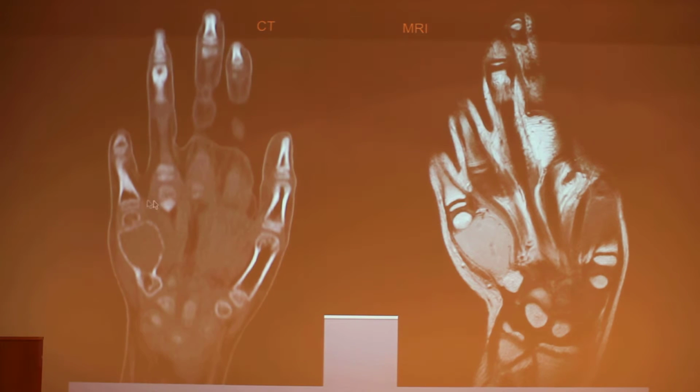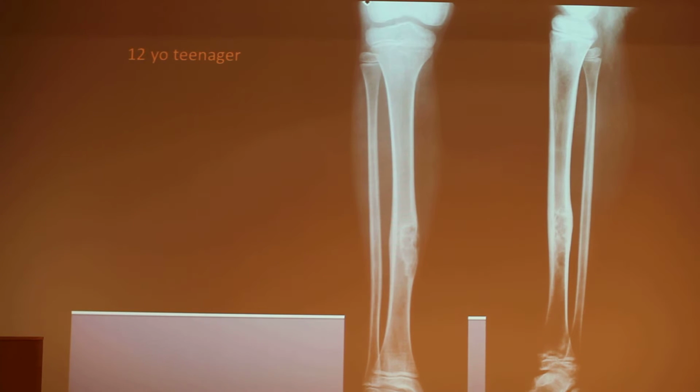Here you have CT reconstructions and a coronal MRI T1, where we can see a lesion involving the whole bone, a solid lesion, which was typical because of the location and the benign appearance respecting the cortex, of a solid ABC or solid aneurysmal bone cyst. Again, I just want you to know all the essentials, so it's not a huge list, but you have many things to know about tumors.